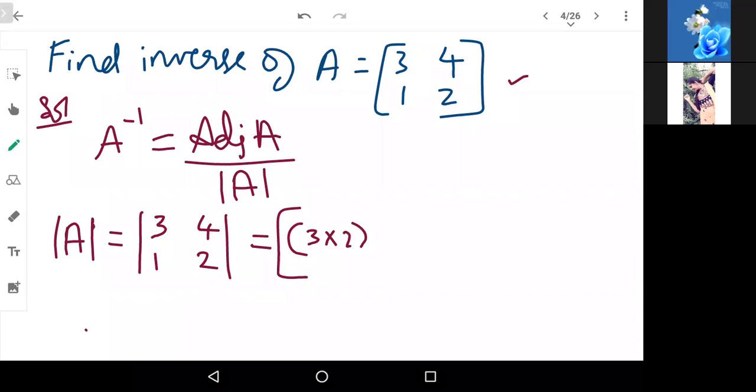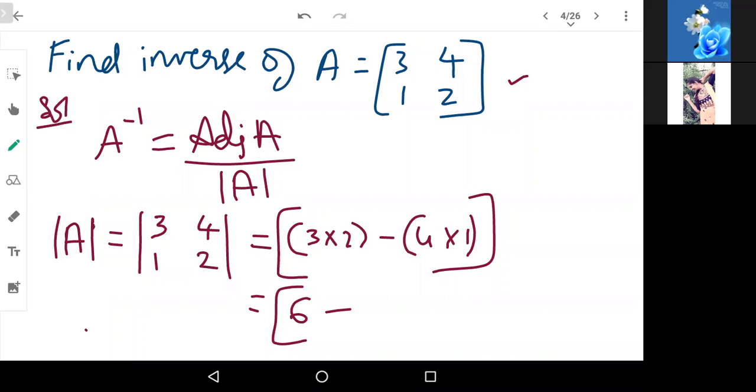Three into 2 minus 4 into 1. 3 2s are 6. Minus 4 1s are 4. 6 minus 4 is 2. So the determinant of A is 2.